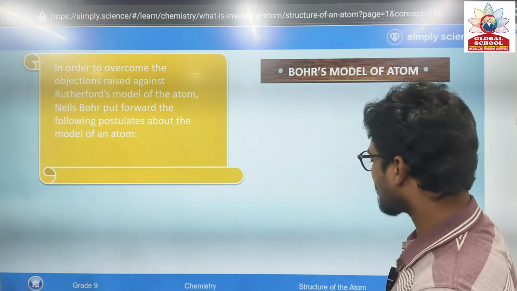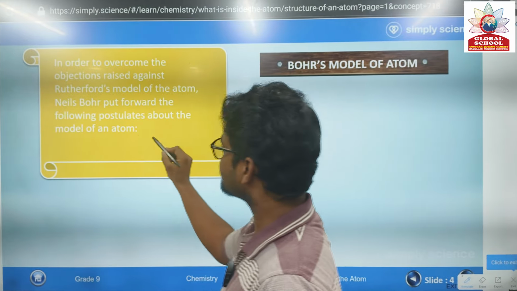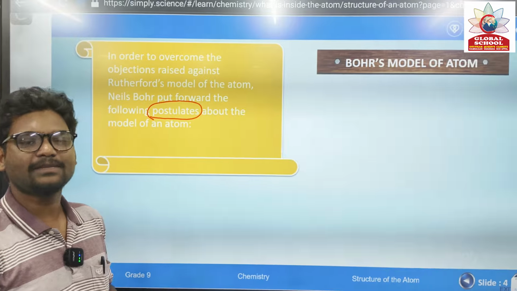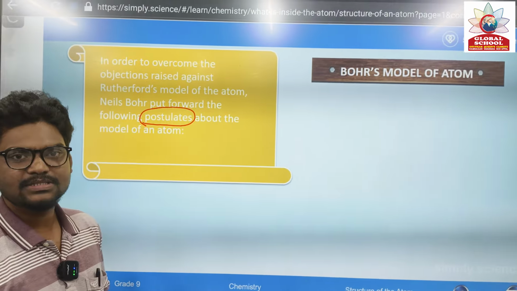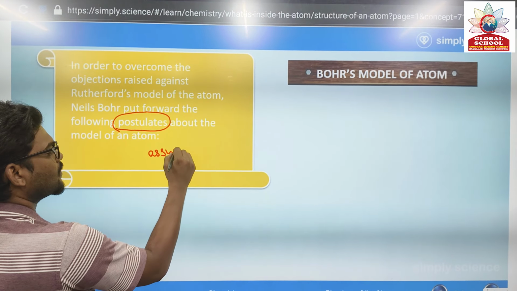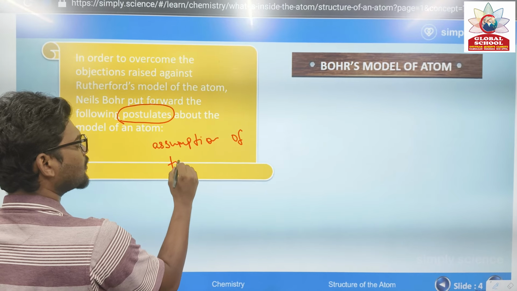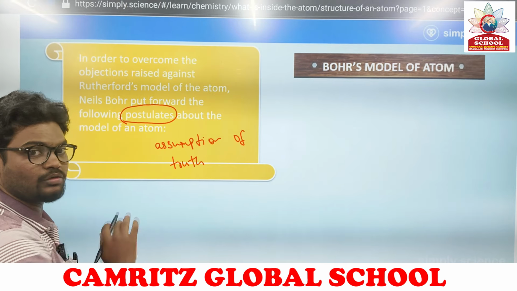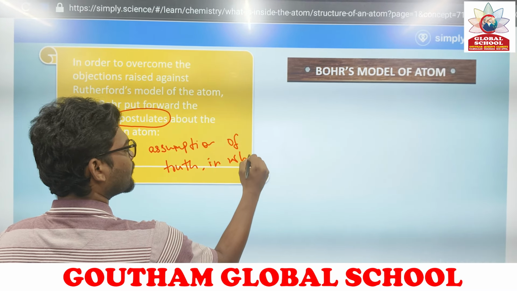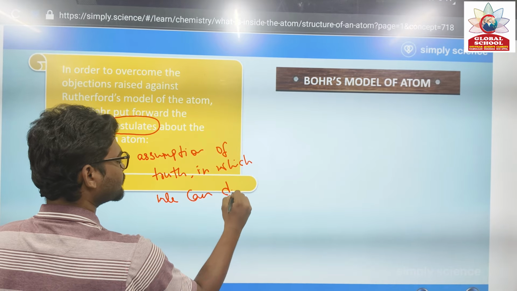Postulates. What is meant by a postulate? A postulate means it is an assumption, an assumption of truth which we can discuss.